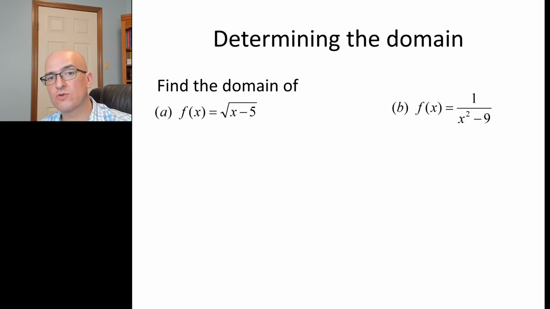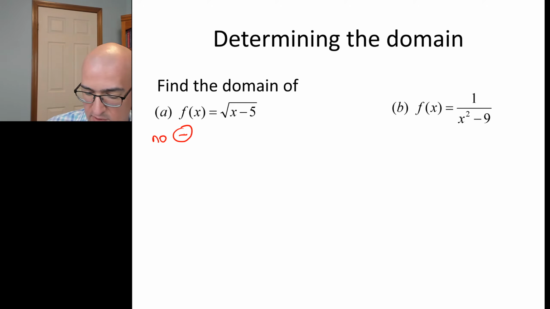So let's use those two rules to answer the domain question for these two problems. In part A, we're asked for the domain of f of x equals the square root of x minus 5. And we're thinking, how do we prevent negative square roots? So no negative square root.